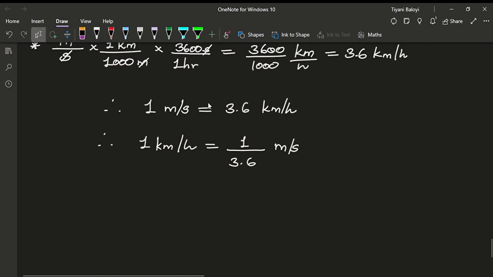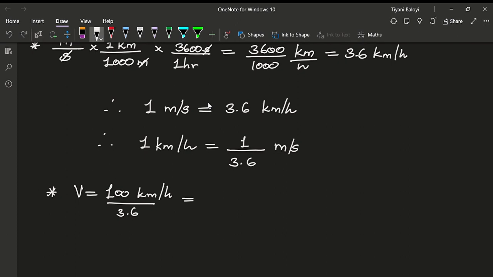So for example, if you are given that your velocity is equal to 100 kilometers per hour, you just divide this by 3.6. What you get is 27.77.